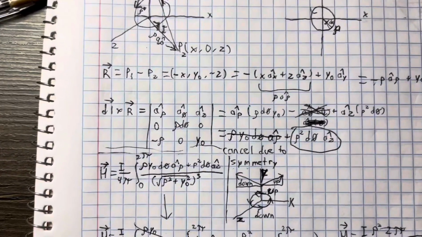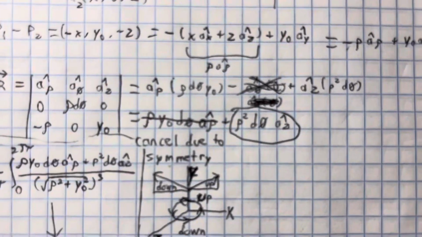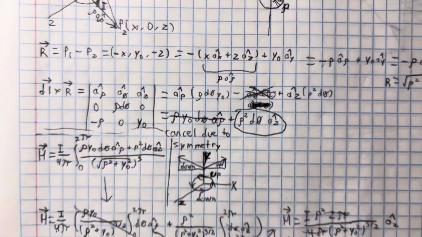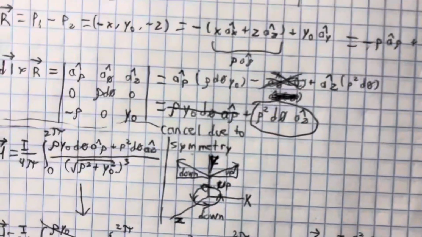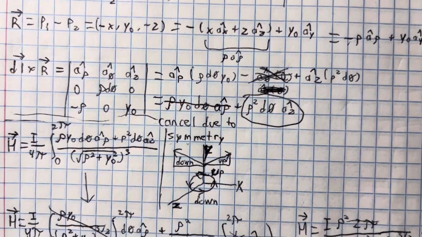And then when we perform this cross product, we get this result here, which is a little crossed out and messy, but basically the first component will be cancelled out because of the symmetry.